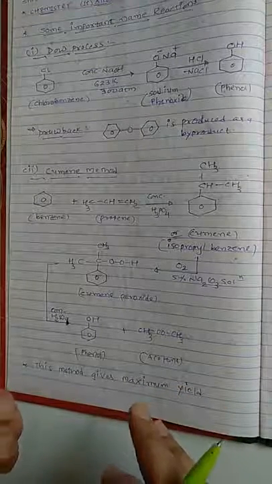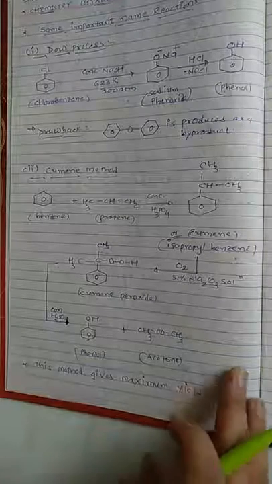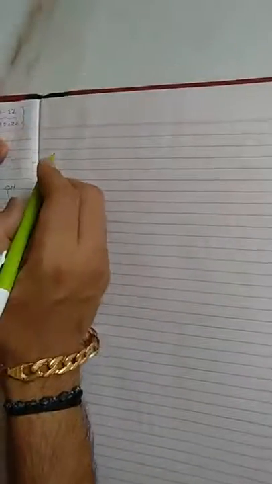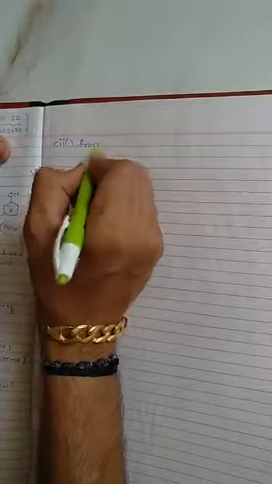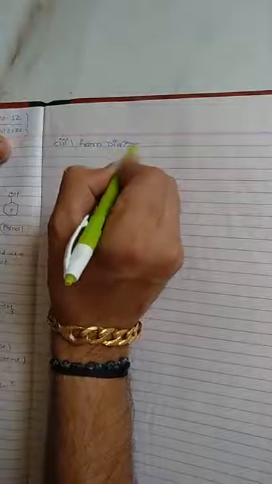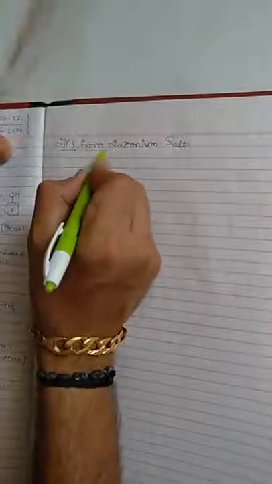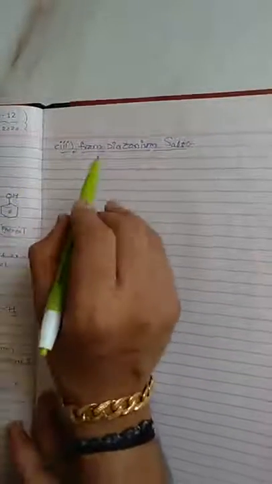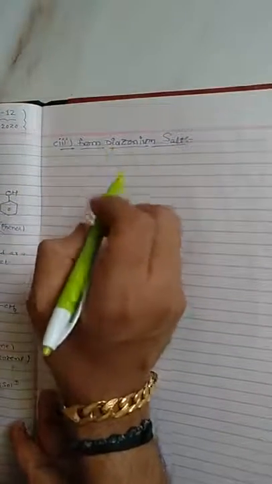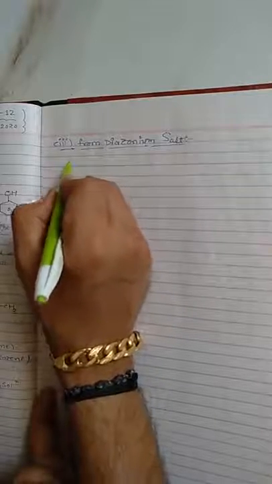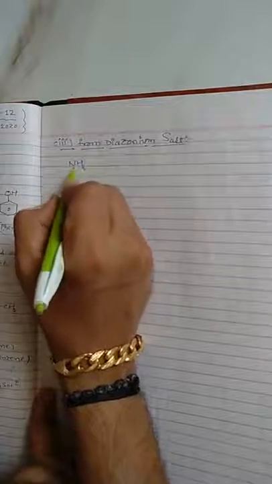A third method is from a diazonium salt. So we have a third method which is diazonium salt. This is diazonium salt. First thing that you have to remember is how you can manufacture diazonium salt. It is prepared from aniline, which is a primary aromatic amine.